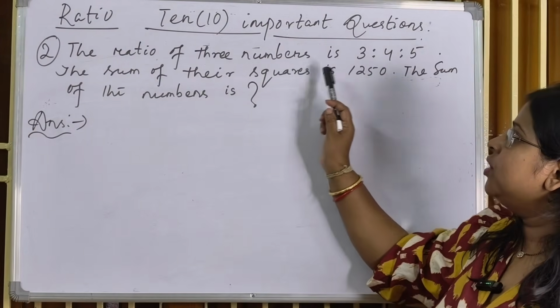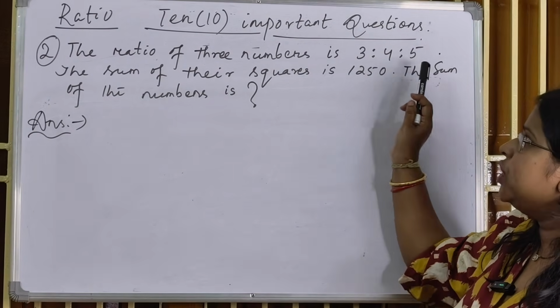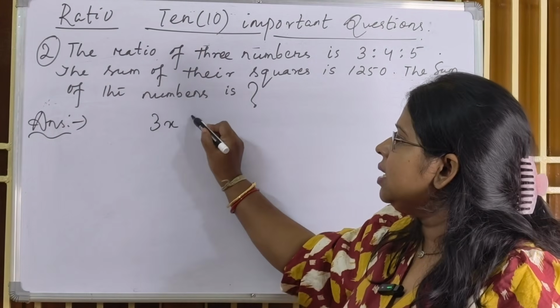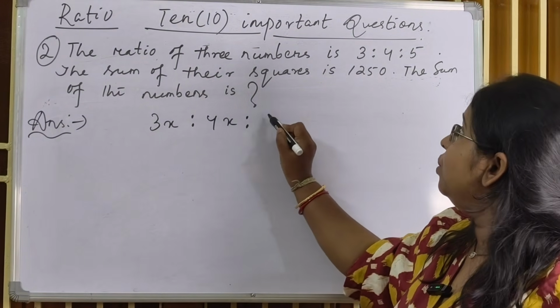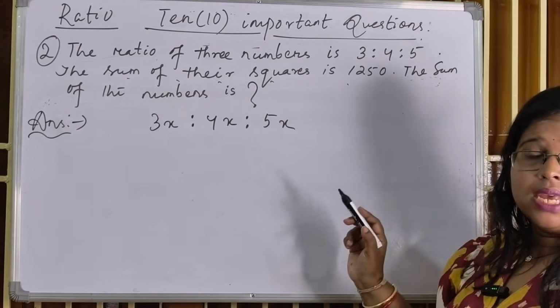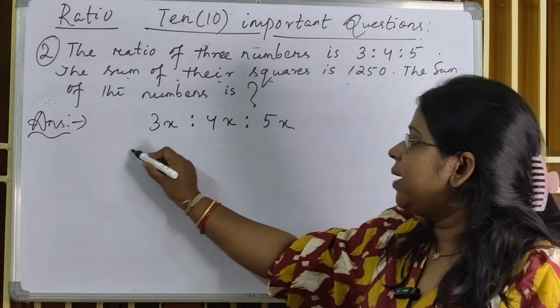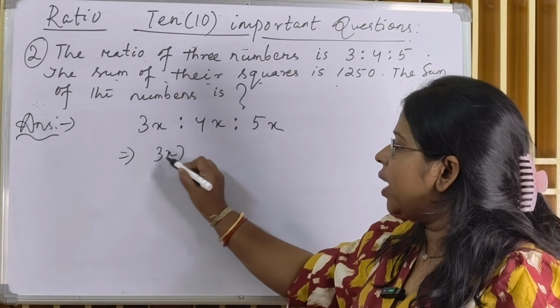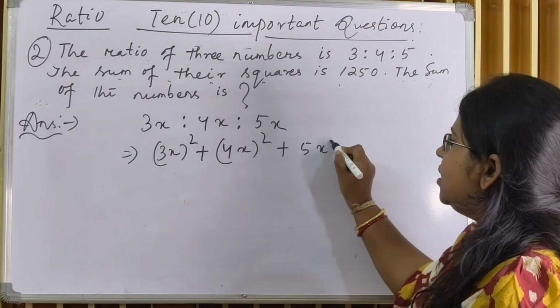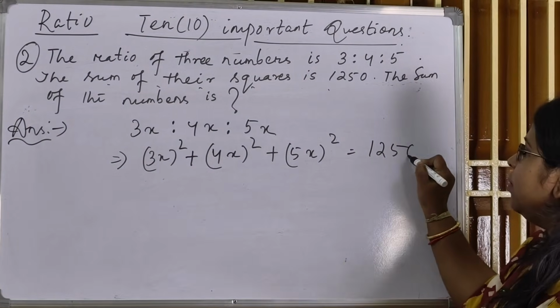The ratio of the 3 numbers is 3:4:5. First part, second part, third part, we will take it as 3x:4x:5x. And it has given that the sum of their squares is 1250. That means 3x square plus 4x square plus 5x square equals 1250.